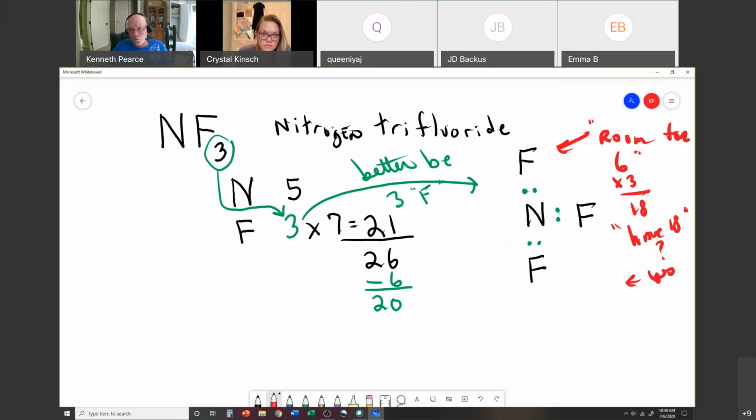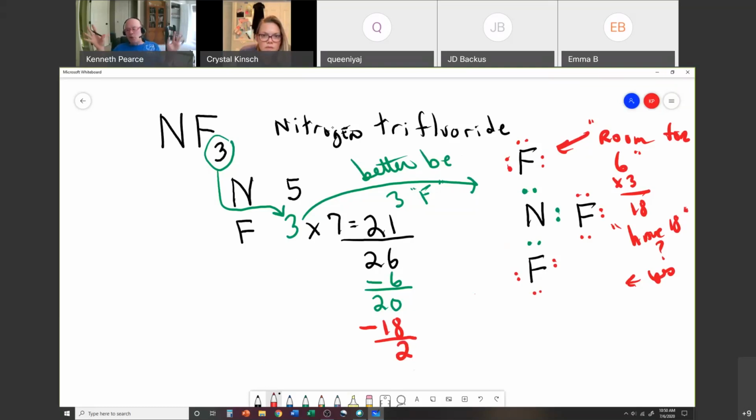Okay, so we subtract off 18 because we have room for 18. That will leave me with 2. So let's go ahead and put those 18 up here. 2, 4, 6, 2, 4, 6, 2, 4, 6. I subtracted off 18. I have 2 left over. Here they are.